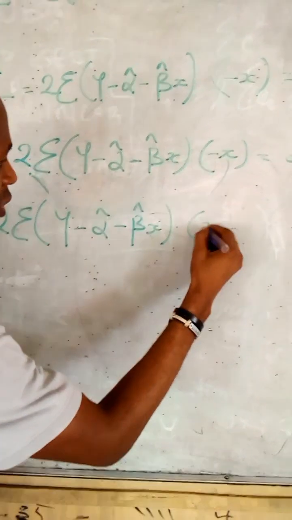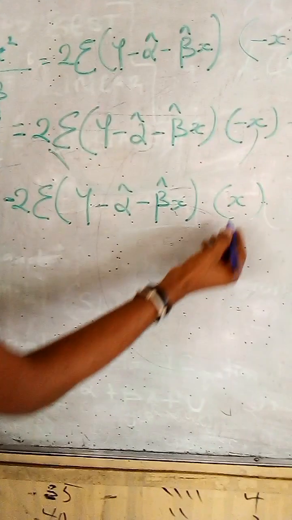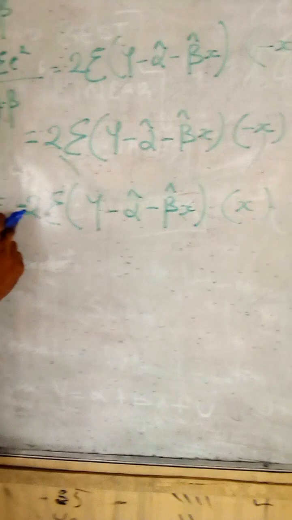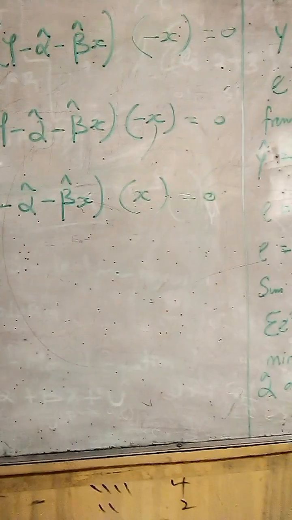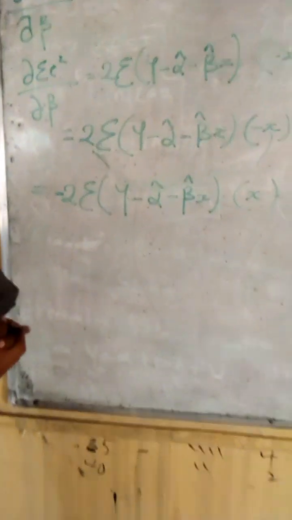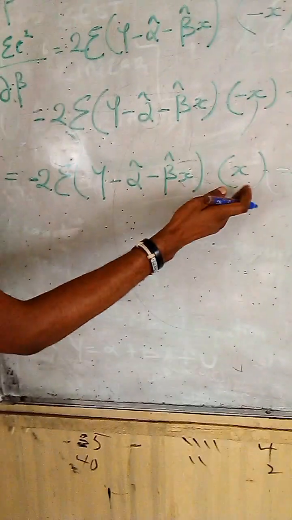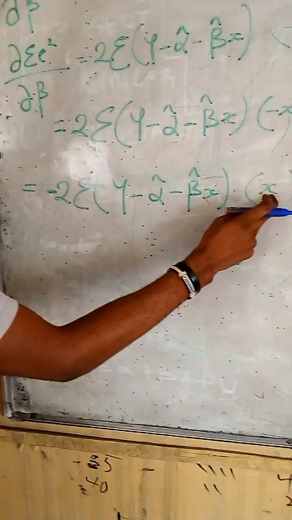This one now becomes x, because we've taken the minus here, and this equals 0.